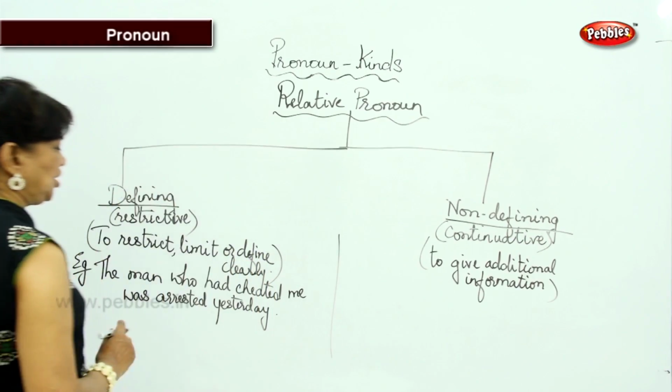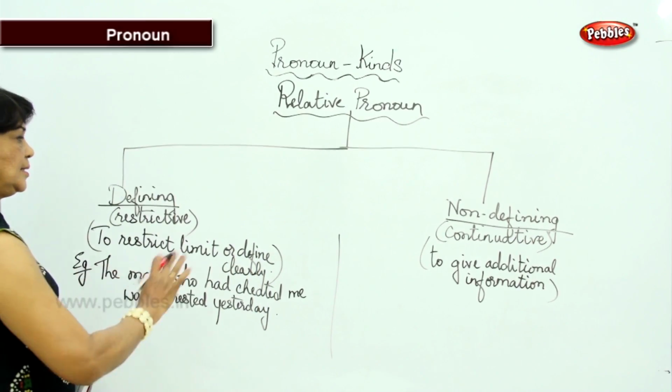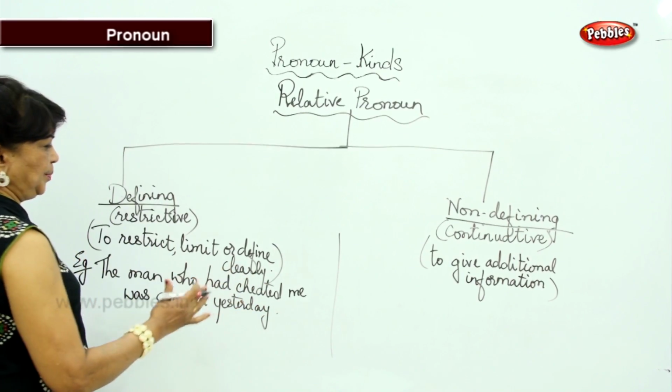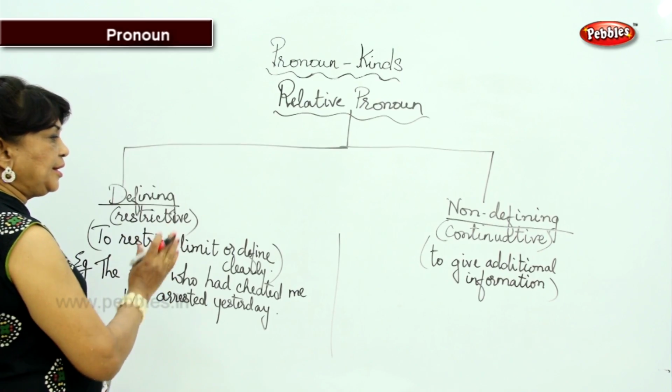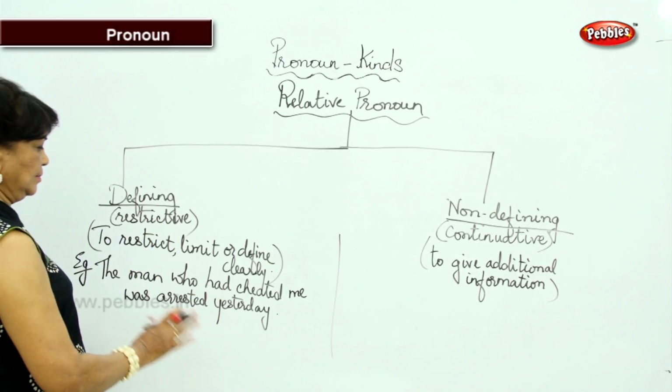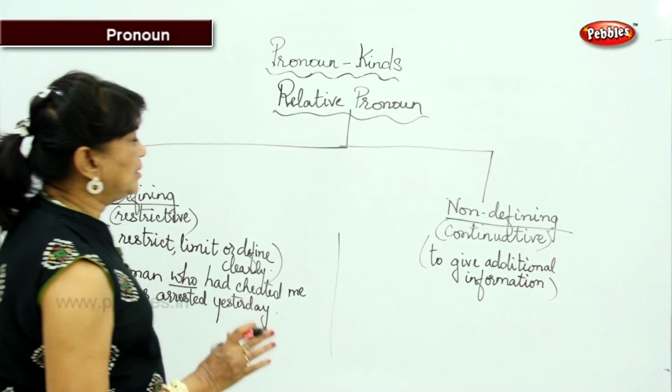The man who had cheated me was arrested yesterday. Okay, this is a limited period or limited, restricted or clearly defined sentence. That is, this who refers to a clear thing.